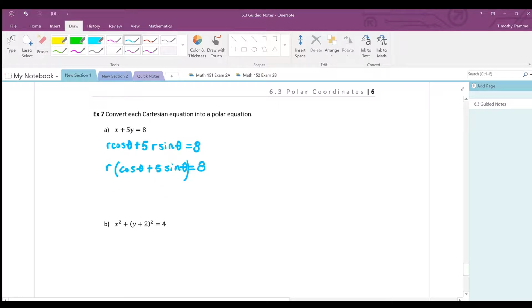Next step, let's finish this and actually solve for r. If we divide each side of this equation by cosine theta plus 5 sine theta, this is going to leave us with r equals 8 all over cosine theta plus 5 sine theta.